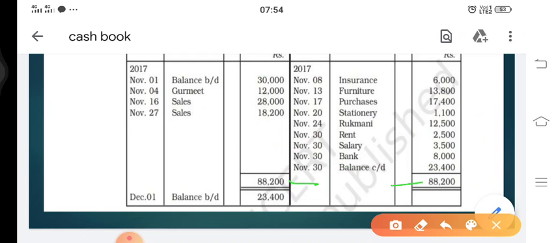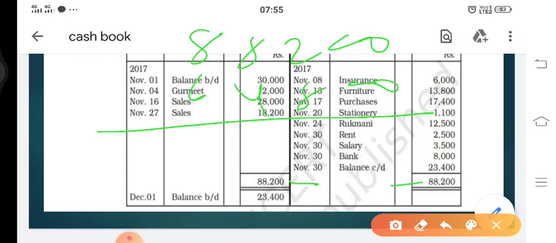Debit total, as we already discussed, was 88,200 and credit total, as we discussed, was 64,800. Now don't you think that on the credit side, although we have written 88,200, the total was only 64,800. So what we'll do?